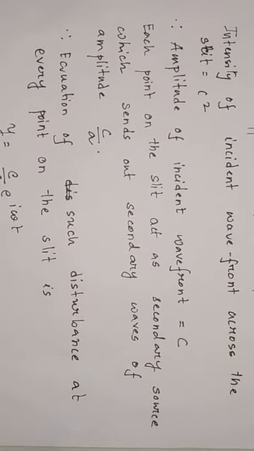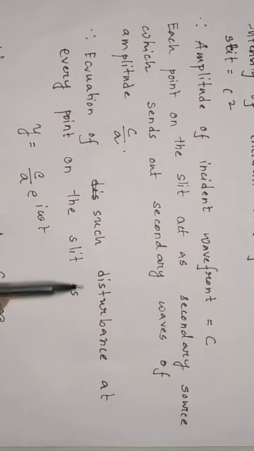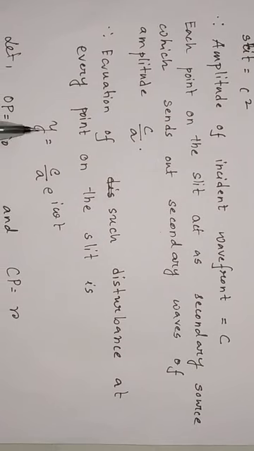It will be similar to a wave equation. Disturbance means these waves, because they are sending waves through the medium and creating some disturbance in the medium, so you can use the term disturbance. What will be the equation of such a disturbance, the secondary waves at every point on the slit? It is given by y equals c by a e to the power i omega t.